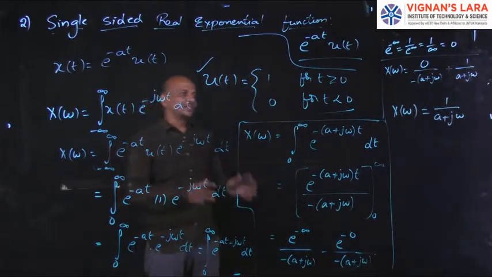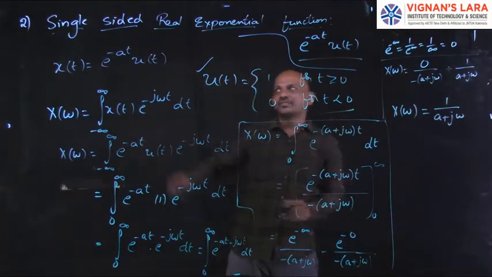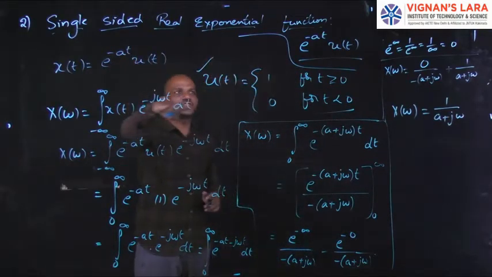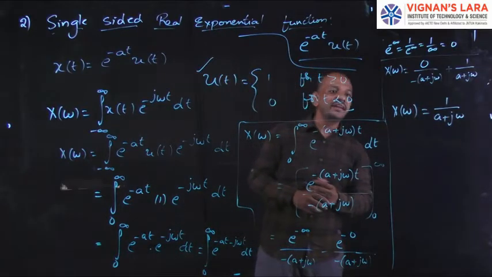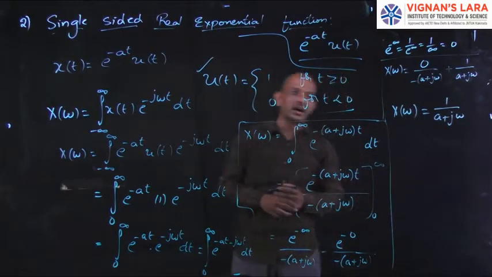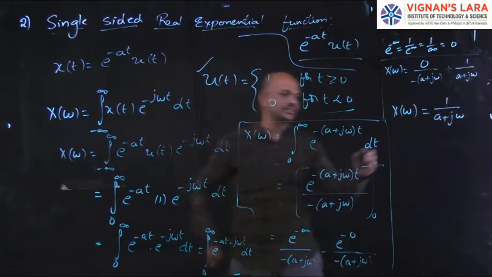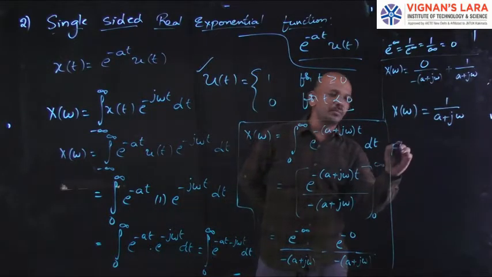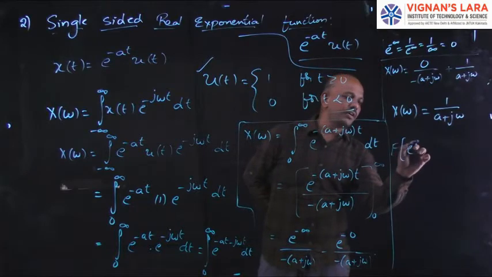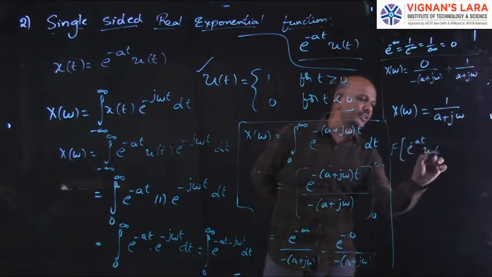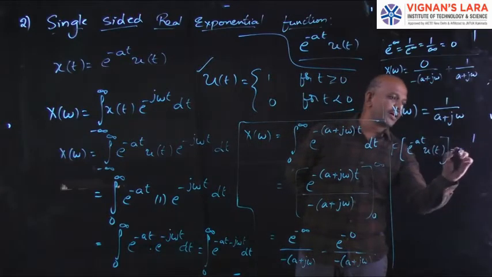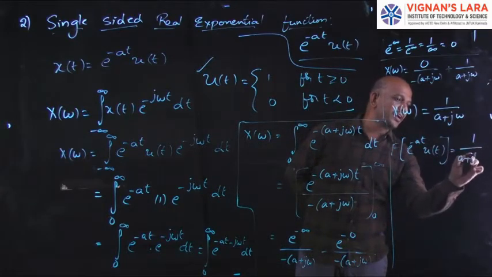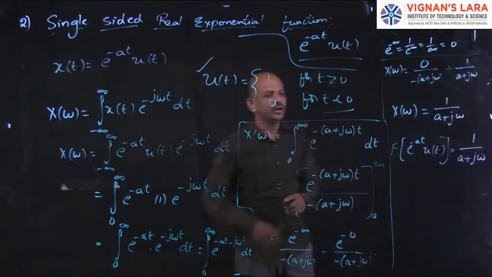That is the Fourier transform of this single-sided real exponential function e power minus at into u of t is nothing but 1 by a plus j omega. Or simply you can write like this: Fourier transform of e power minus at into u of t will be equal to 1 by a plus j omega.